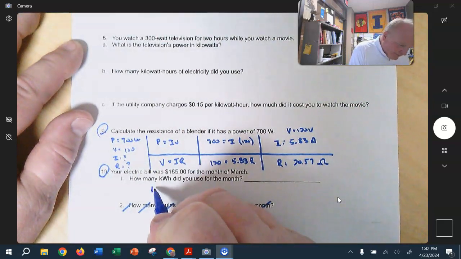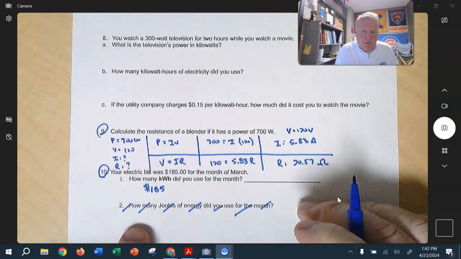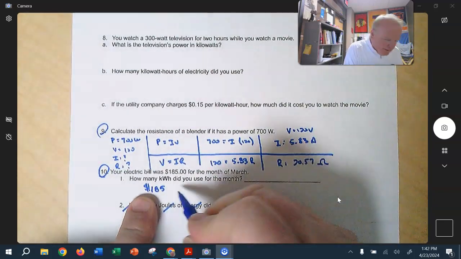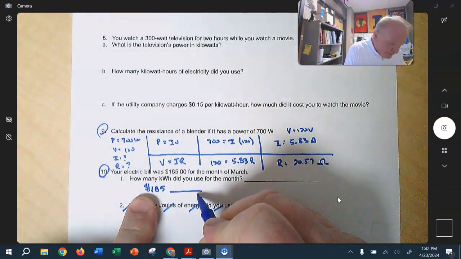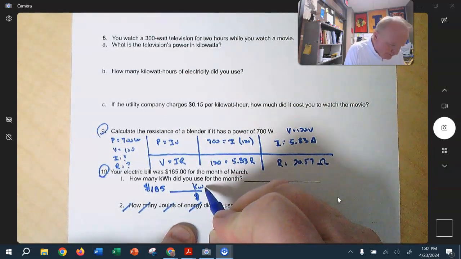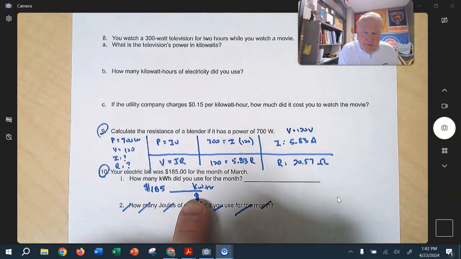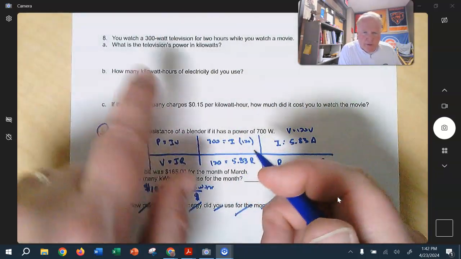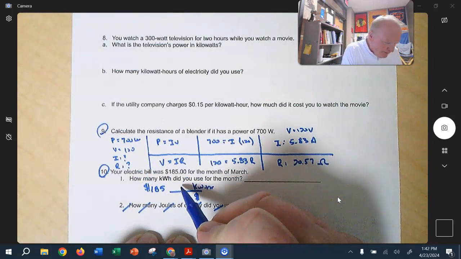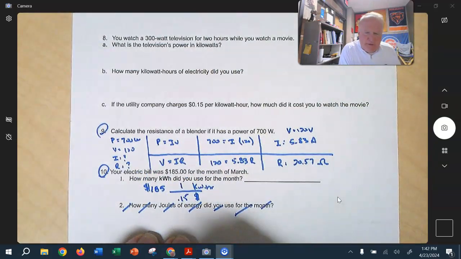So if I write down $185, right? That's like a unit of dollars, right? And then if I convert that, so put dollars down here and put kilowatt hours right here, right? Well, we've been telling you the whole time to assume, in all the problems, that for every 1 kilowatt hour, we pay 0.15 or 15 cents.